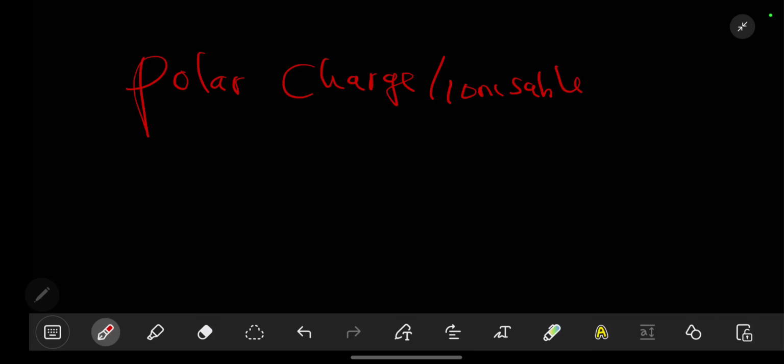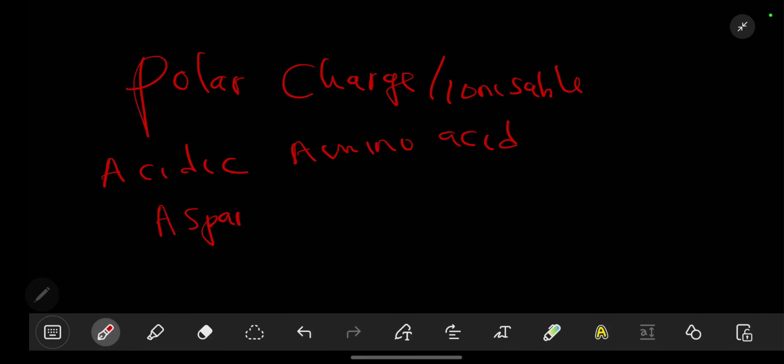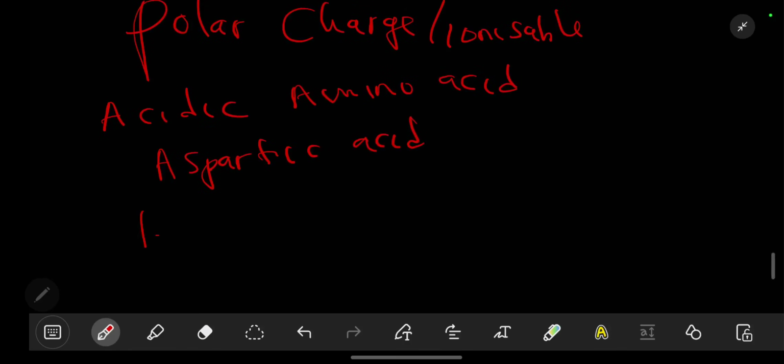The examples that we might have are either acidic amino acids or basic amino acids. First, for our acidic amino acid, an example is aspartic acid. As you can see, an acid is charged.